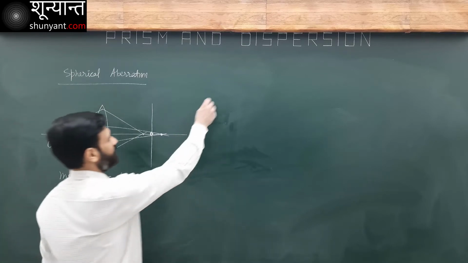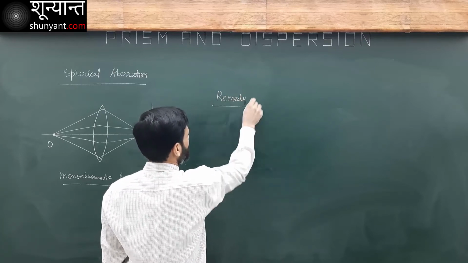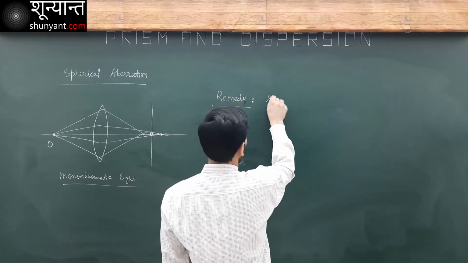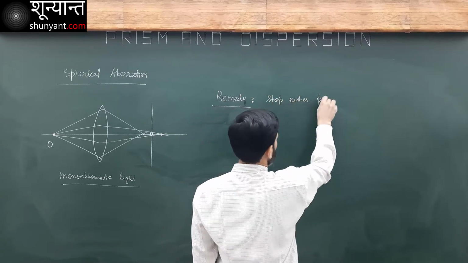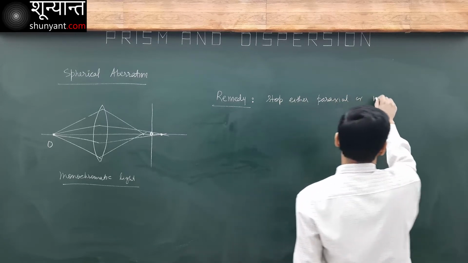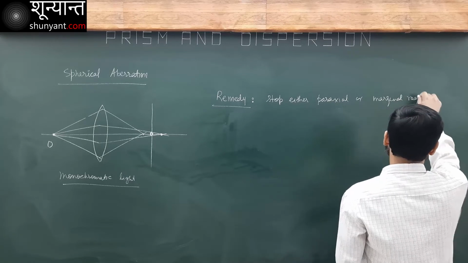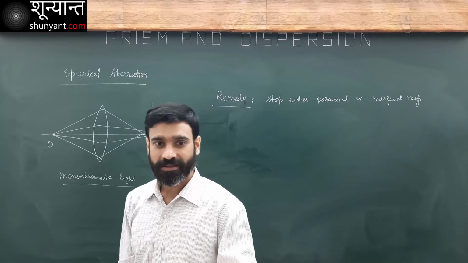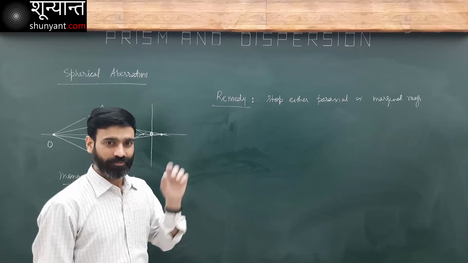What is the remedy? Stop either paraxial or marginal rays. Okay, that means in other words, you allow either paraxial or marginal. Then this defect will be reduced.